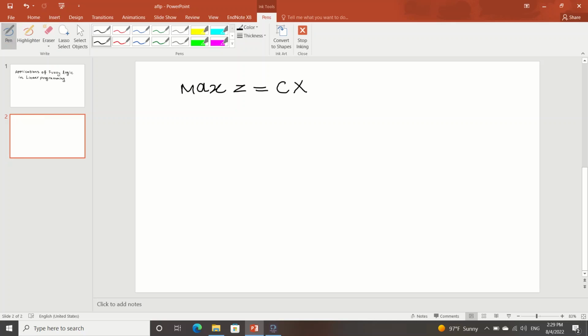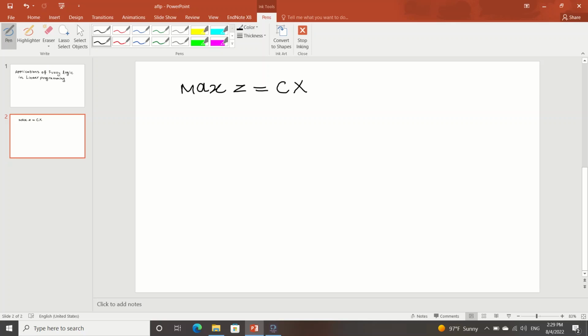C is the vector of coefficients in the objective function, and x is the vector of decision variables. These decision variables are independent variables, and the z or objective function is dependent on the x vector or decision variables.